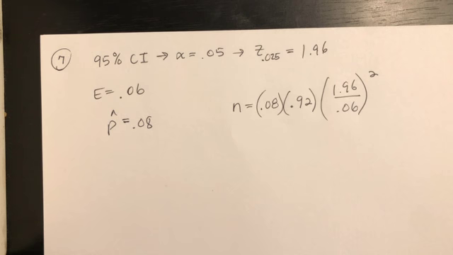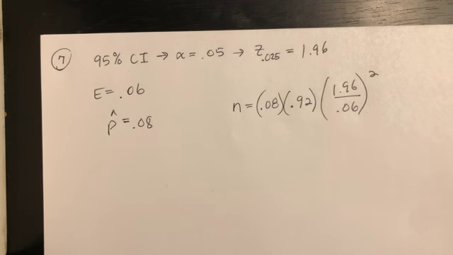All right, calculator. So we get parentheses, 1.96 divided by 0.06, close parentheses, squared, is 1,067.1.